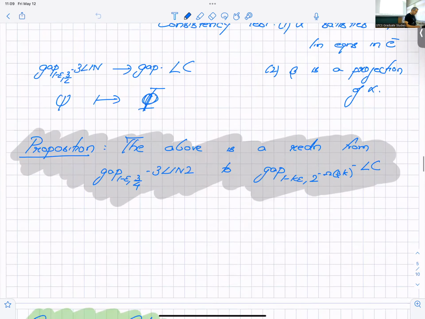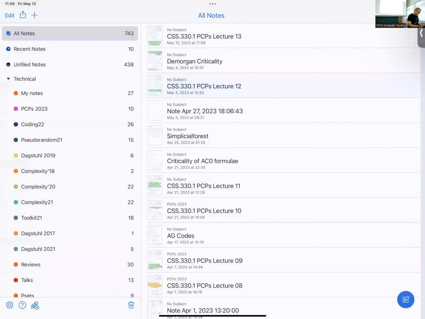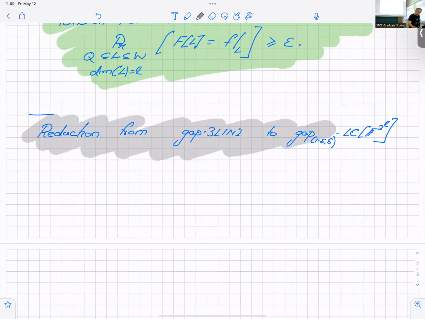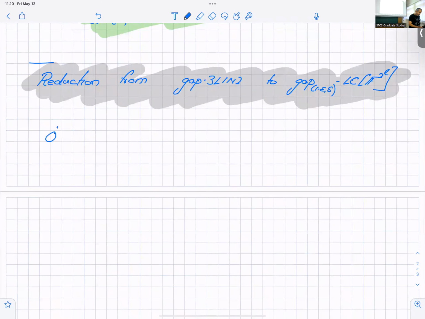We'll see, but the alphabet size being F2 here. Let's see, either gap 3LIN-2 instance.